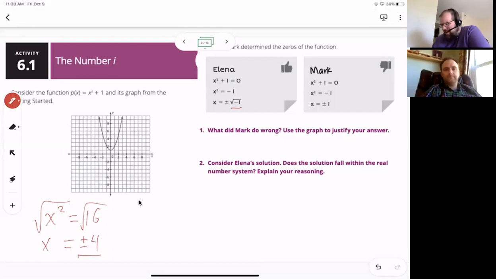And we can think about that and say, okay, 1 times 1 equals +1, and then -1 times -1 equals +1 as well. And those are the only ways that we know how to multiply something by itself to get somewhere remotely close to 1 as a number. So what this is kind of going for is we have to have something new to describe this.